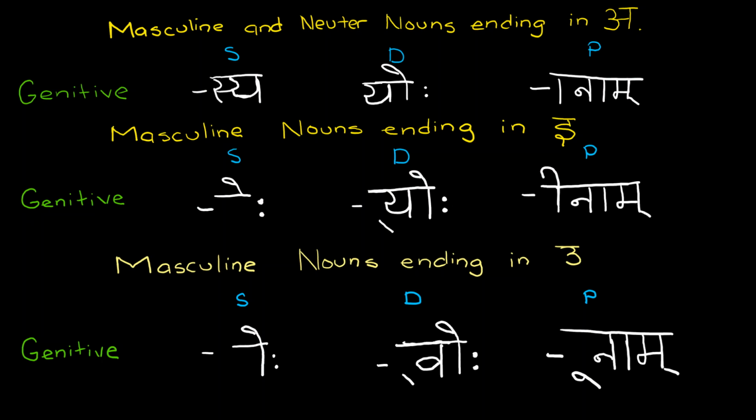So let's take a look at the similarities here, focusing first on the plural. For masculine and neuter nouns ending in a, genitive plural is anam. For masculine nouns ending in i, it is inam. For masculine nouns ending in u, the genitive plural is unam.